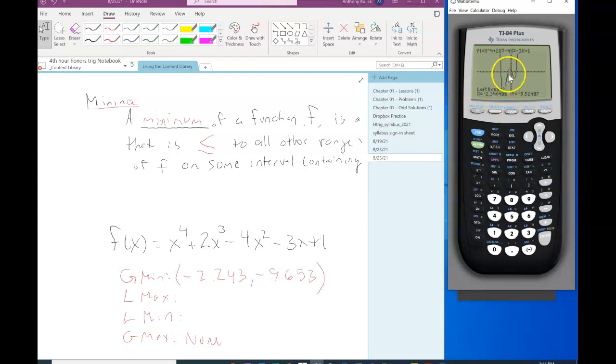My left bound is going to be over here, so I move my cursor in there and press enter. My right bound will be over here on that piece. Guess doesn't matter. And there's my next value, so I'll copy that down, rounding to 3 decimal places.